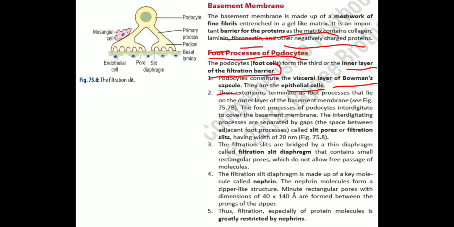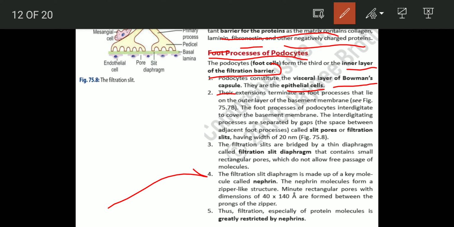One more important question, asked multiple times in your MCQs and NEET exams: the filtration slit diaphragm is made up of a key molecule called nephrin. If there is any mutation in the nephrin, this will cause many kidney diseases and syndromes.